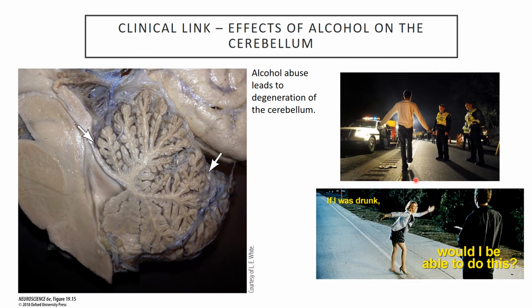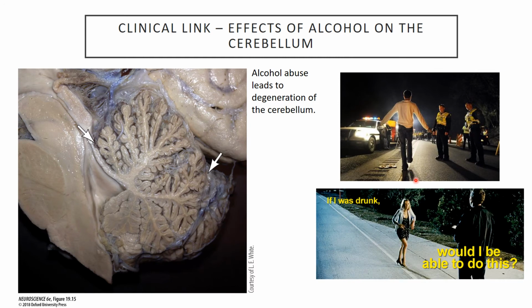And we talked about how we have the Purkinje cells as a major inhibitory output of the deep cerebellar inhibitory loop. And if you have substantial inhibition happening via activation of those GABA receptors because of alcohol, then you're going to have an imbalance of that excitation and inhibition, and you're going to get uncoordinated motor output.